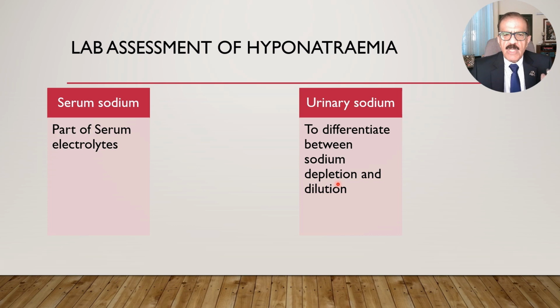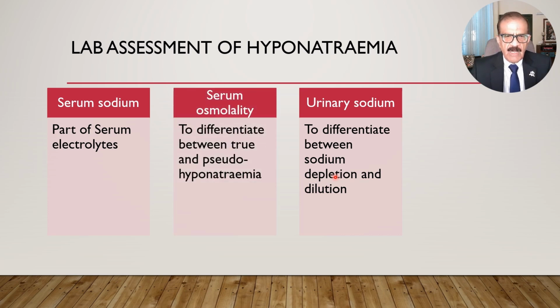So urine must be very low in sodium, or at least not high in sodium. But in some other conditions, urine sodium may be normal or high. If somebody is severely hyponatremic and urinary sodium is still normal, that would be called falsely normal, because in actual hyponatremia, you expect urinary sodium to be low.